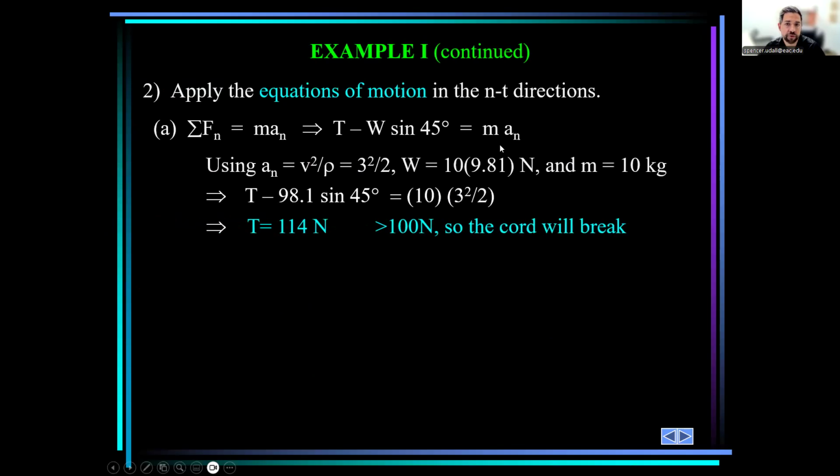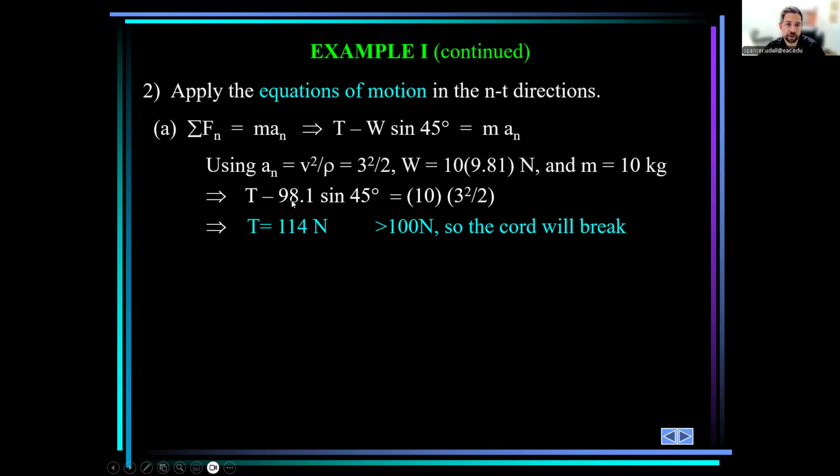If we wanted to solve for that a_n, we know the normal acceleration is equal to v squared over rho. So we plug in 3 meters per second for v, the 2 meters for rho. We've got the mass of 10 kilograms plugged in, and the weight is 10 kilograms times 9.81, plugged in for W there. So we've got everything plugged in and we solve it for T.